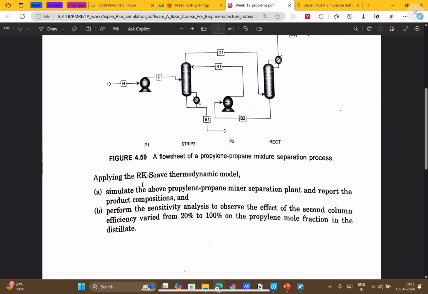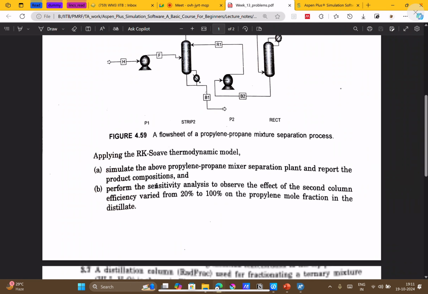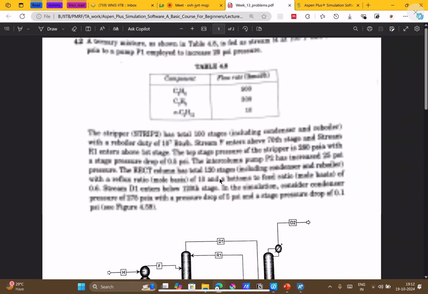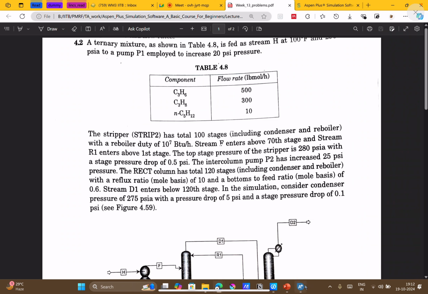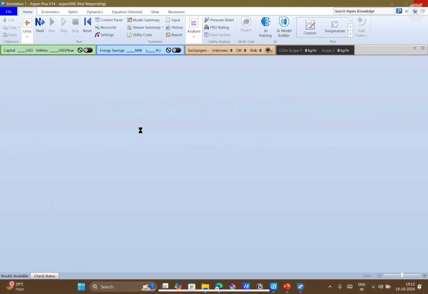Then we have to use the RK-SOAVE thermodynamic model, simulate the above propylene propane mixture separation plant and report the product composition. Perform a sensitivity analysis to observe the effect of the second column efficiency varying between 20 to 100% on propylene mole fraction. Pretty straightforward. Let's start a new simulation.